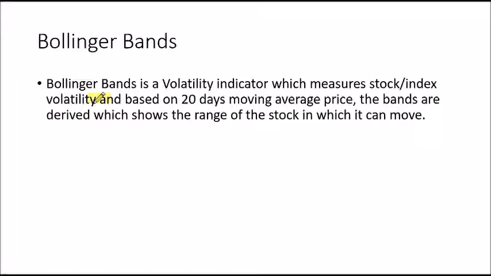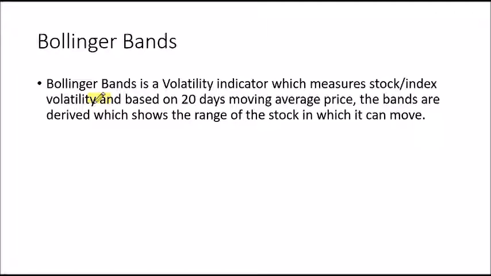Whenever the stock is above the 20 days moving average, it is in positive territory, and below it, it will be in negative territory. All these indications will be given in the report. You need not go and check where the prices are; this will highlight where the prices are.